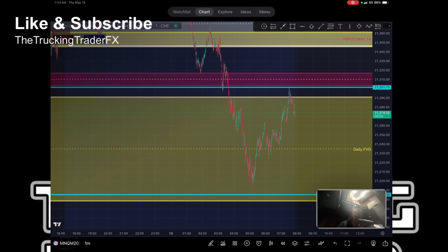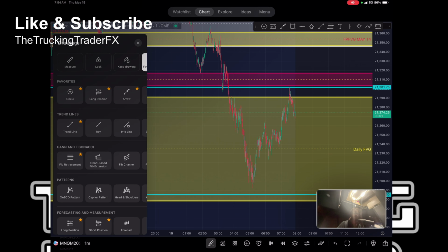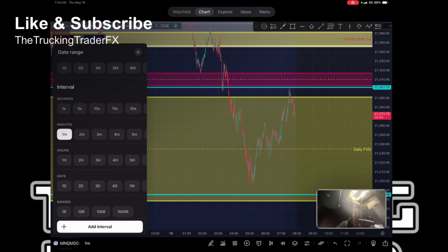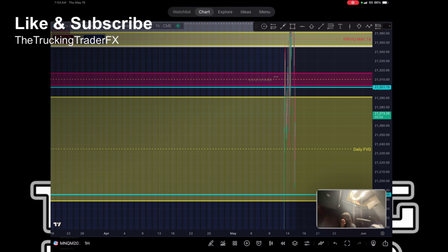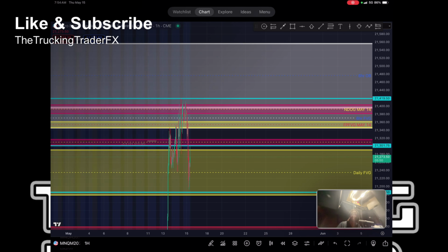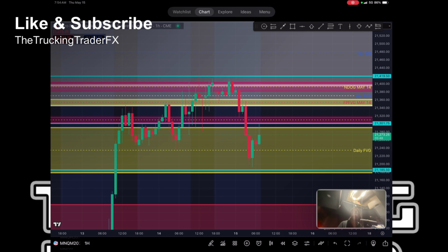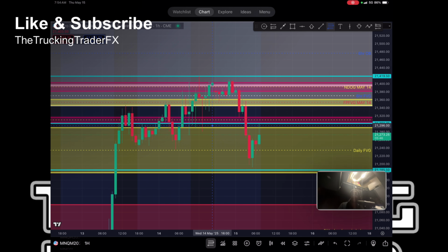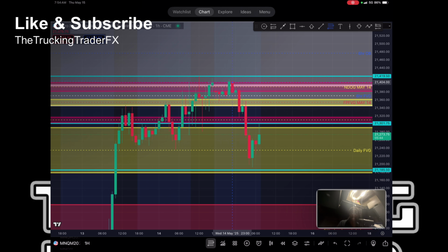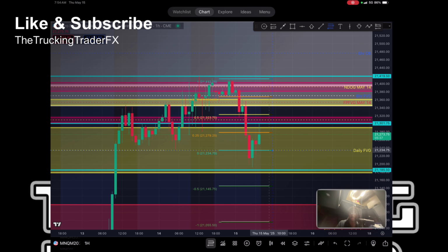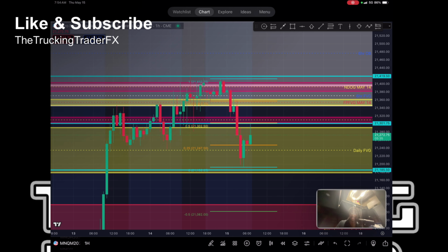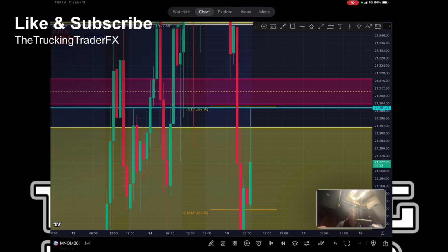And here's why I believe that, right? Let's go back to the 1 hour time frame. If you use the Fibonacci tool, if you take it from this swing high right here, and then you drop it down to this swing low, you see where this yellow line is?